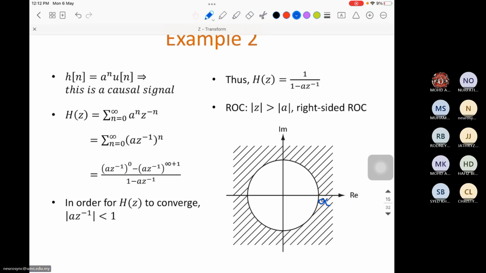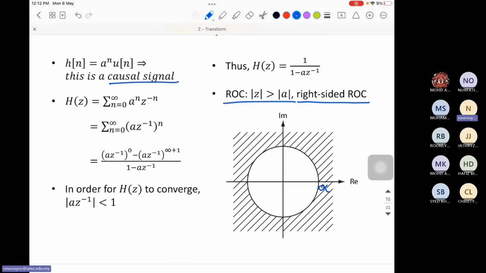From this ROC we can say that the signal is a causal signal, having a right-sided ROC. So always when we solve the Z transform, you also need to draw the Z plane, and highlight this region of convergence like this.